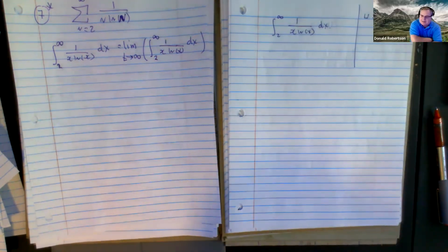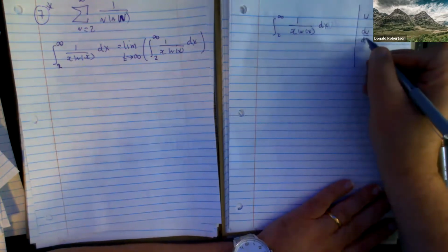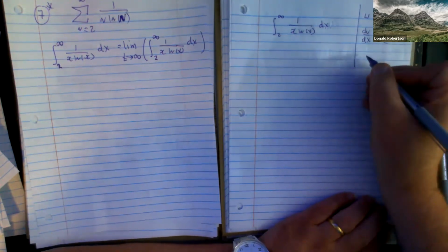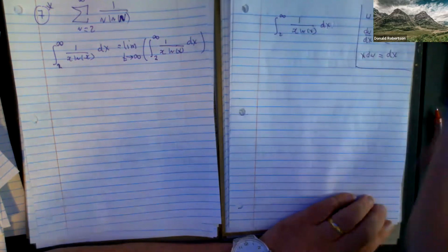Now, if you were thinking just x, a u-sub of x never does any good, because all that would happen is the integral would turn into 1 over u log u du, right? Nothing would change except the letters. So u equals x is never going to be a u-sub of any use. But this one, du by dx is 1 over x. If you do the crossover, x du equals dx, which actually is all I need, so I'll stop there.